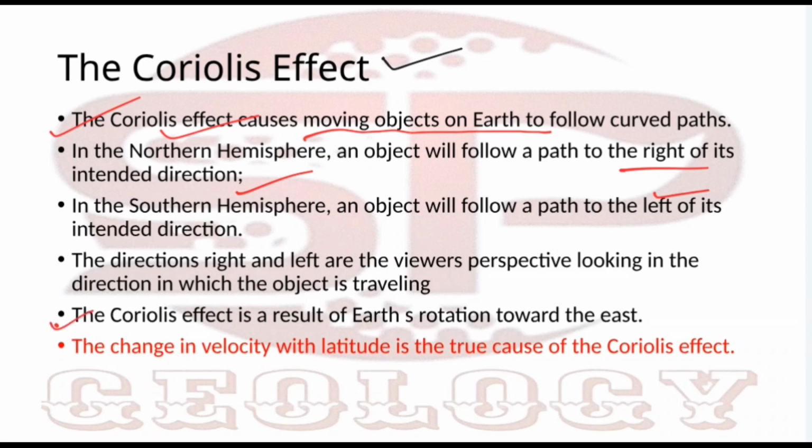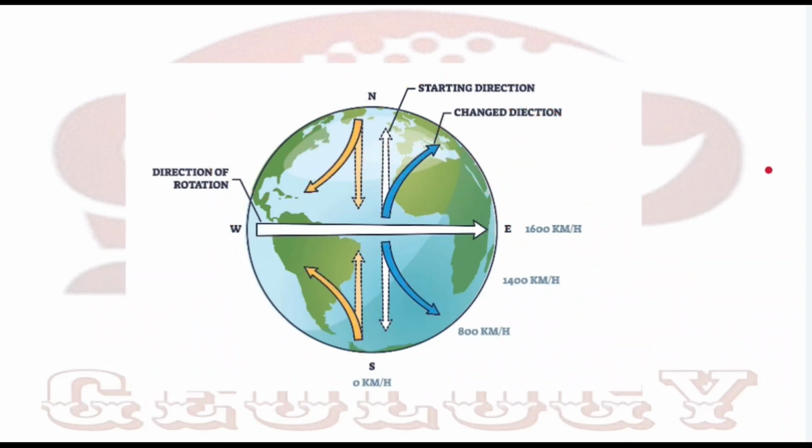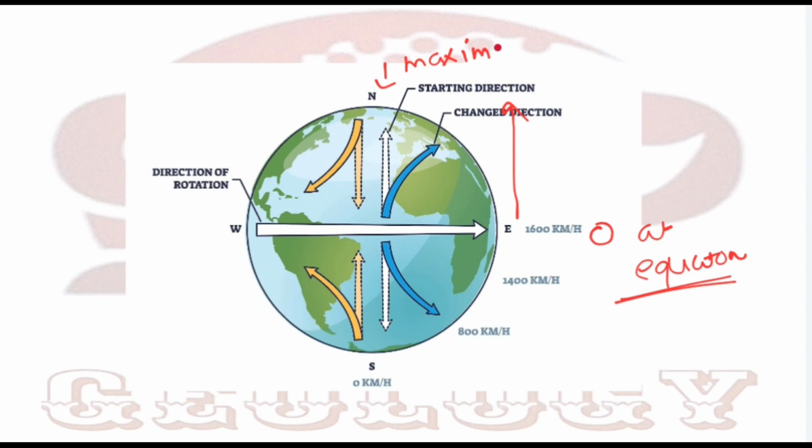The Coriolis effect is because of the differential velocity of the Earth's surface. The amount of effect increases from the equator to the pole. It is 0 at the equator, there is no effect of the Coriolis force at the equator, and it is maximum at the pole.